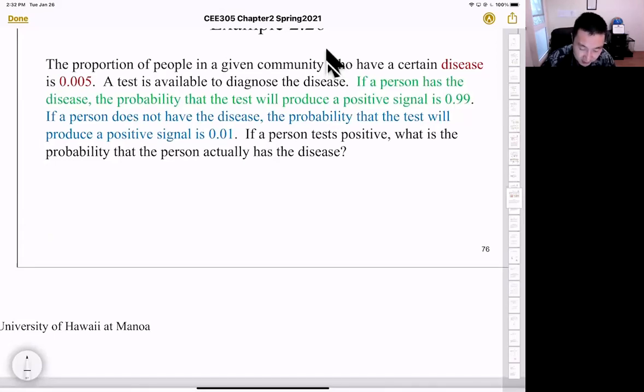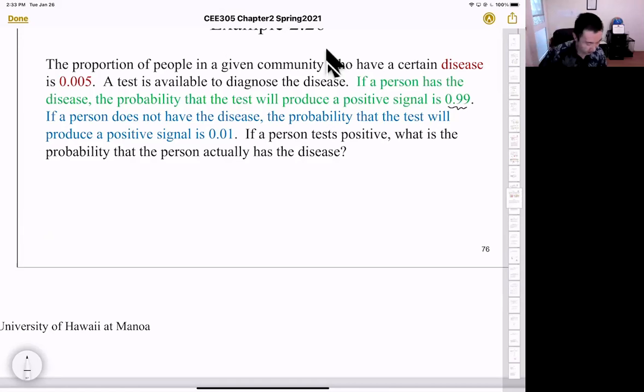If a person has the disease, the probability the test will produce a positive signal is 99%. If a person does not have the disease, the probability that the test will produce a positive, which is a false positive, is 1%. If a person tests positive, the question is asking, what is the probability that person actually has the disease?